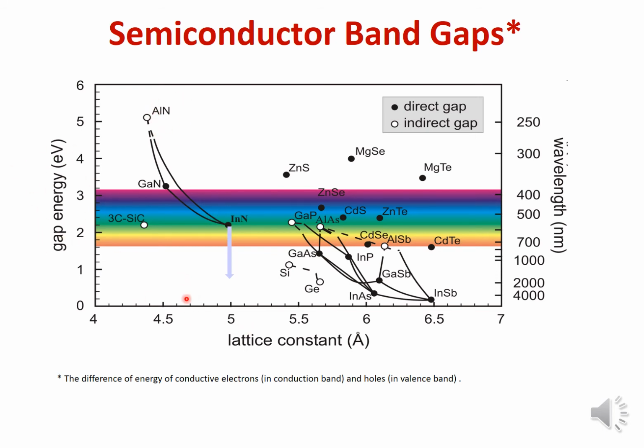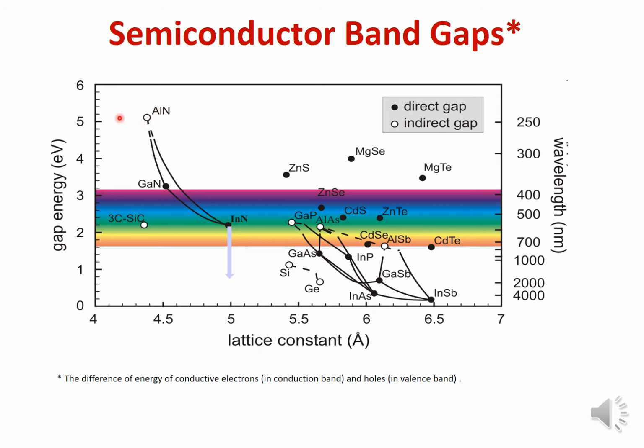You can see that the x-axis is the lattice constant in the unit of angstrom. As we increase the lattice constant, the band gap tends to decrease.